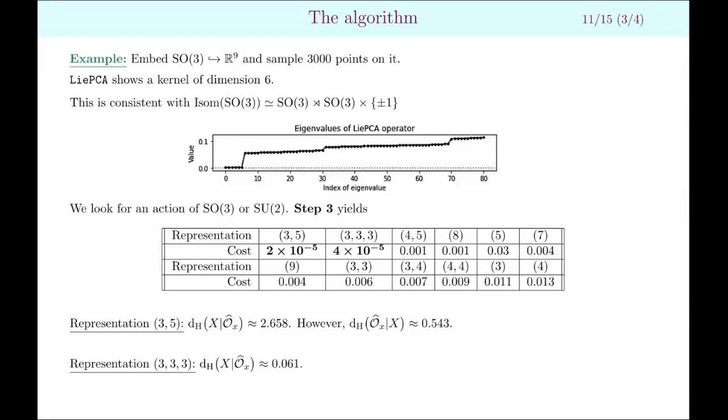So what happened here? They are both actual linear actions of SO3 on this embedding, but the first one is the action by conjugation, which is not transitive on SO3. So the orbit only finds a subset of the point cloud. And this one is the action by translation, which is transitive.